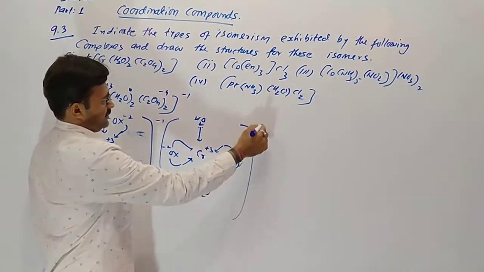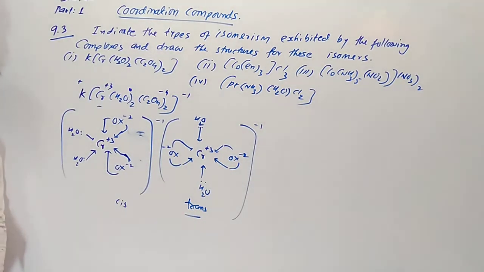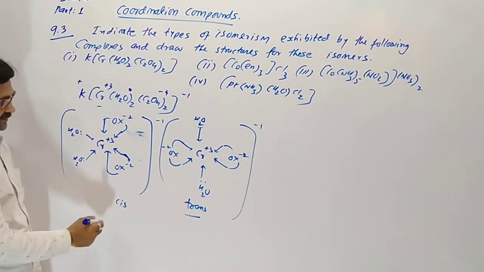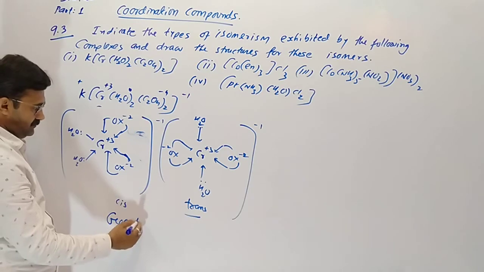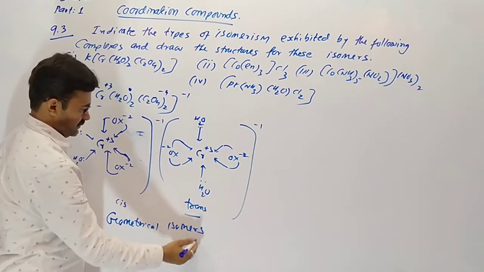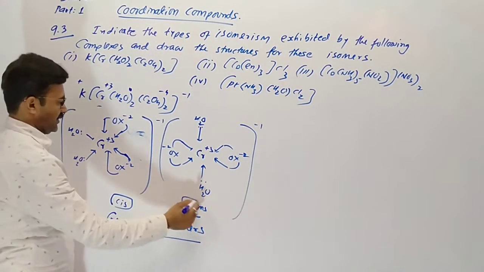So this one is trans. Now clear? So there are two geometrical isomers. This one is cis, this one trans. Understood?